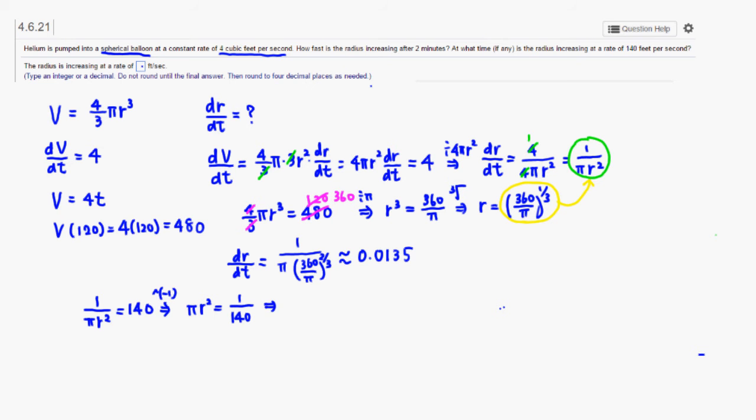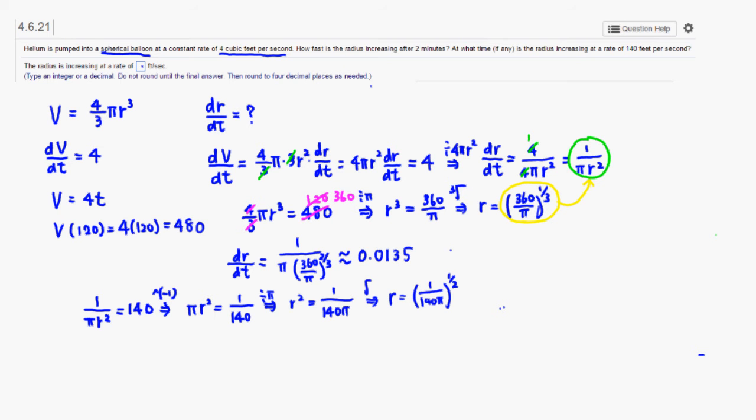Then divide through by pi to get r squared equal to 1 over 140 pi. Then we can just take the square root of both sides. So r is going to be 1 over 140 pi to the 1/2 power, which is the same thing as taking a square root. So r is that value.